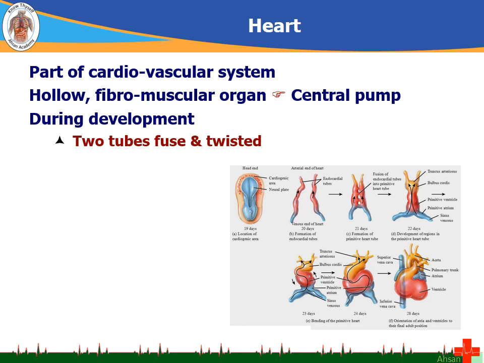The two tubes fuse together, and the tubes are still separated as the receiving part and the outflow part of the heart. So it comprises 4 chambers, 2 chambers on the right side and 2 chambers on the left side, still remaining in the adult.